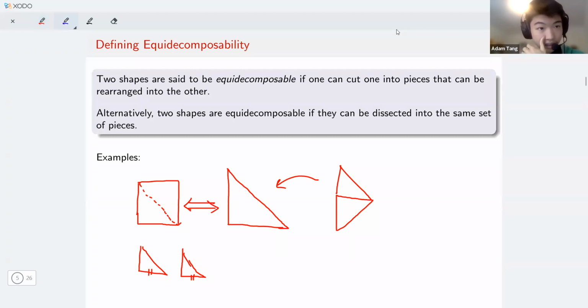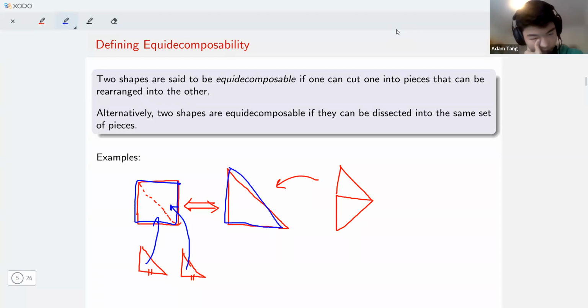Some observations you might want to make about equidecomposability: think of it like the conservation of area, where you have two shapes. The pieces will have the same total area as the original shape. So the area of this and this must equal the area of the whole square, right? And same for the triangle, the pieces must sum to this area.